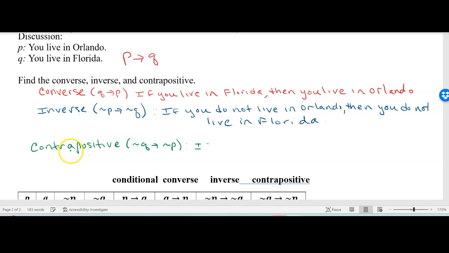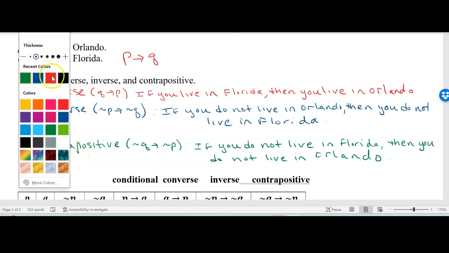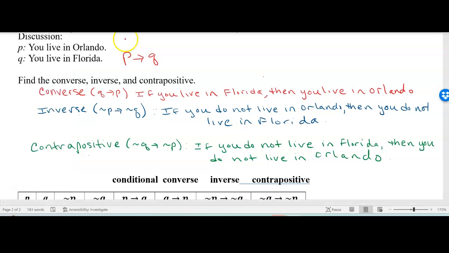So if you do not live in Florida, then you do not live in Orlando. That is how you would write each of those out when you are looking at the converse, inverse, and the contrapositive.